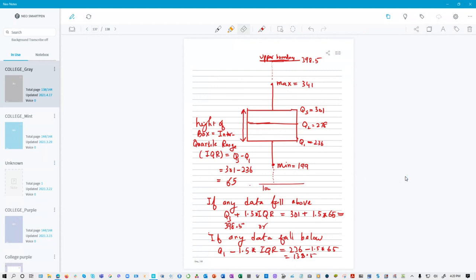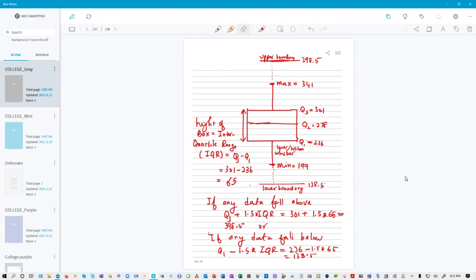The lower boundary, where the outliers start, is 138.5. Since none of the data in this case fall outside, you have the end of the upper whisker or lower whisker. Those are called the whiskers. This is the lower or bottom whisker.